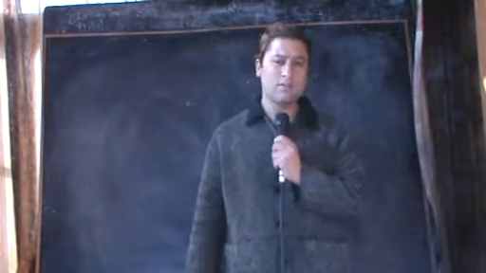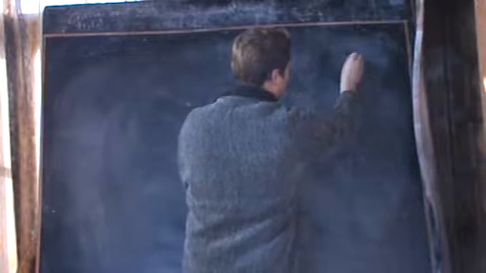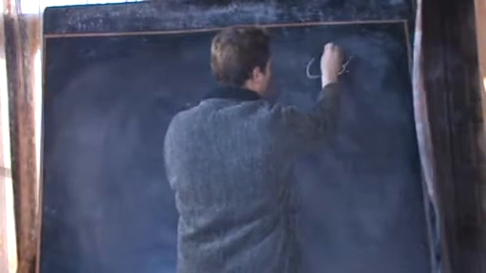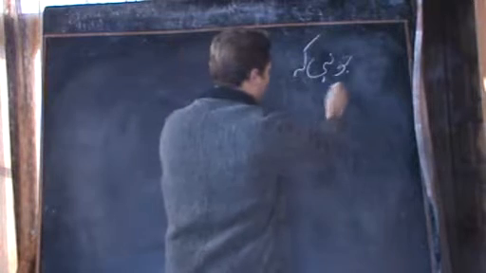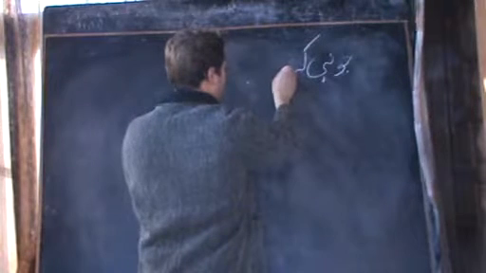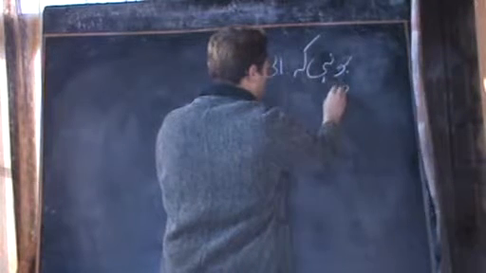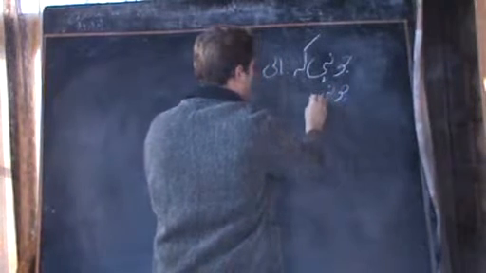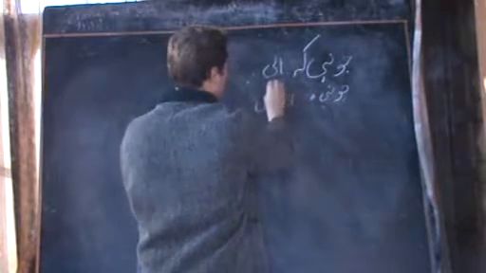So learn with us. Hereby I start my lesson and I will write first the signs. Ju, He, Ki, or Ju, He, Wo, then I, Thi.